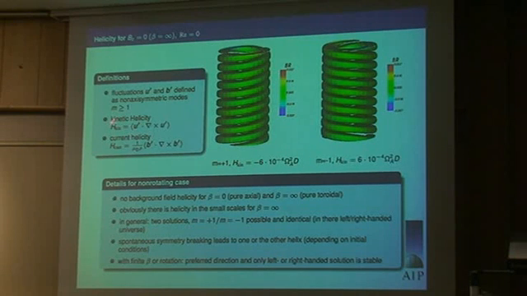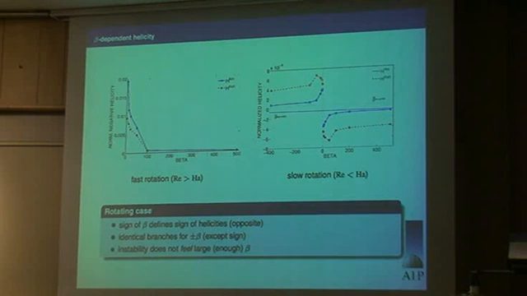So the following, the kinetic helicity and current helicity are based on the definition that fluctuations are defined as non-axisymmetric modes. So averaging is only along the azimuthal direction. And we have figured out two cases: the one where we have a fast rotation, Reynolds number larger than the Hartmann number, and a slow rotating case, which shows a slightly different behavior.